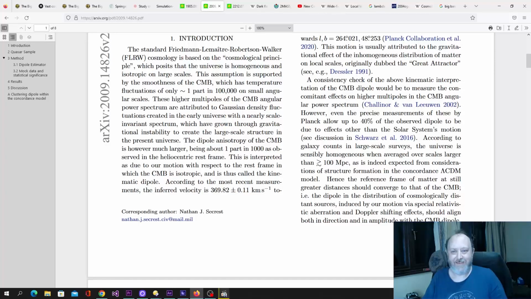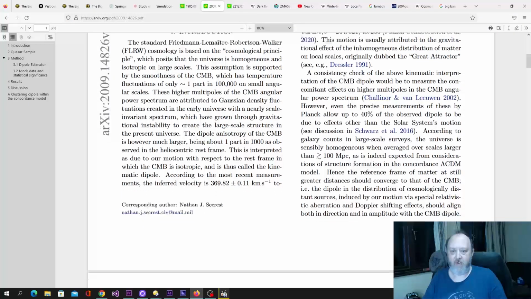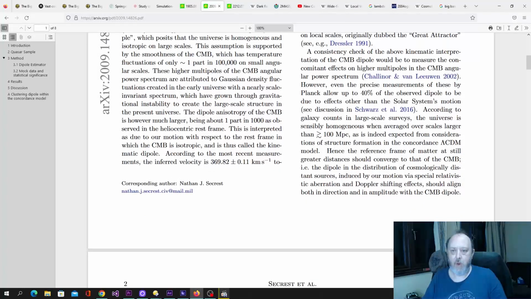A consistency check of the above kinematic interpretation of the CMB dipole would be to measure the concomitant effects on higher multipoles in the CMB angular power spectrum.